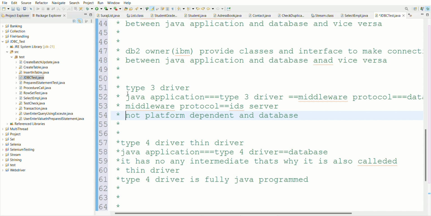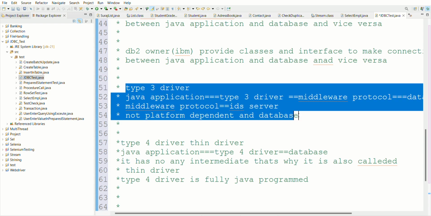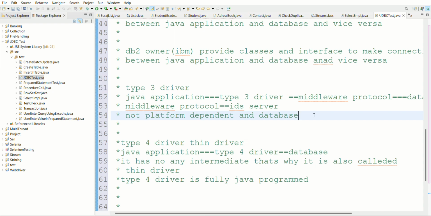So let's say whatever I am paying, all the records will be stored in MySQL. Got it? And what people mostly want is stored in the Oracle database. So Amazon is only one application and it is using different databases to store different things. Then we have to use the type 3 driver.